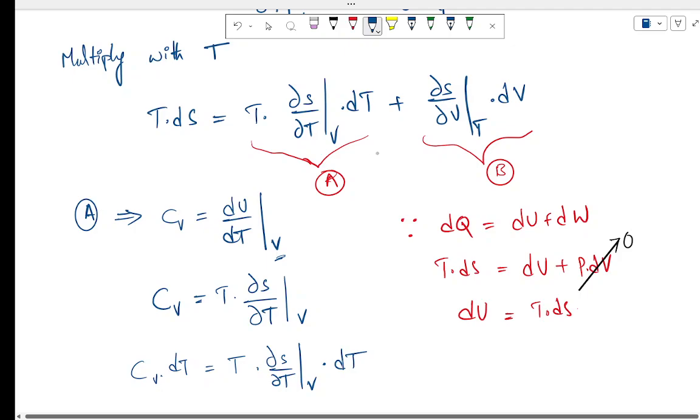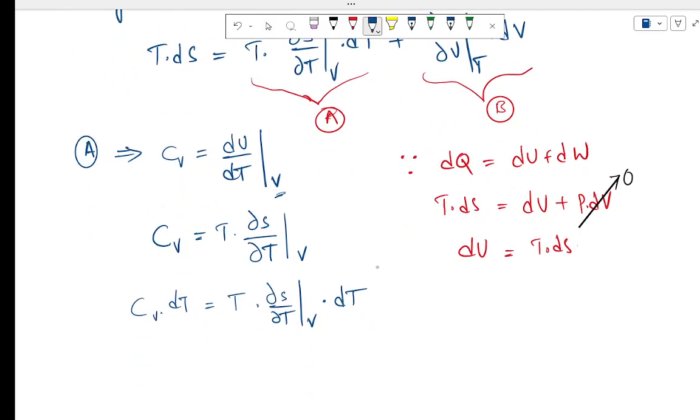So what I'm trying to tell you is, my whole expression of A can be simply written in terms of Cv into dT. So Cv into dT is nothing but the expression of A. So you can substitute this A into your TdS1 expression.